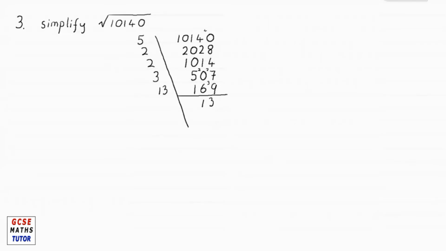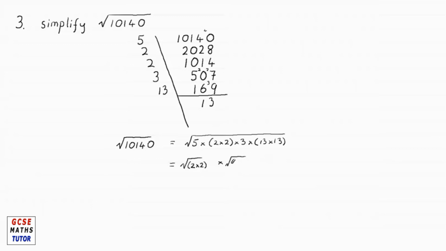Repeating the method from the first example, writing out the surd number in terms of its factors and grouping like pairs, we have the square root of 10,140 equals the square root of 5 times 2 times 2 in brackets times 3 times 13 times 13 in brackets, which equals the square root of 2 times 2 in brackets times the square root of 13 times 13 in brackets times the square root of 5 times 3.